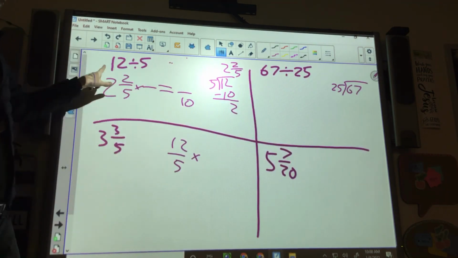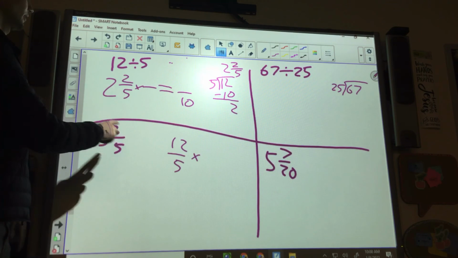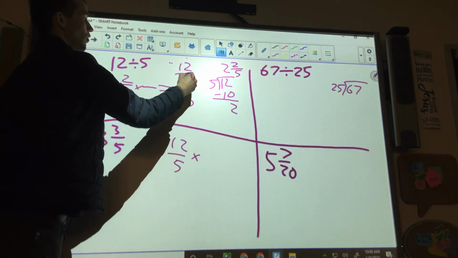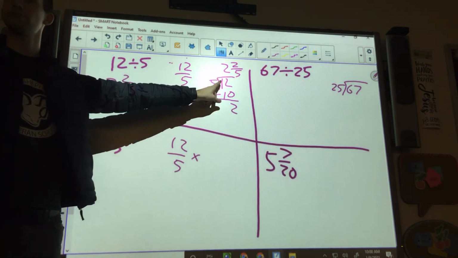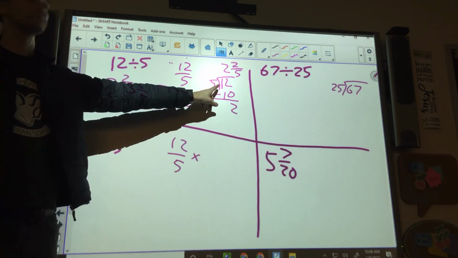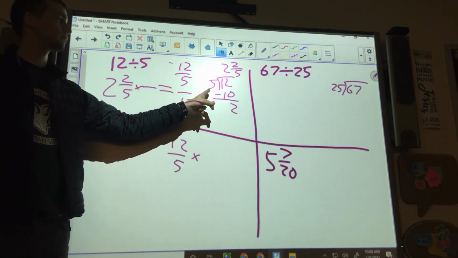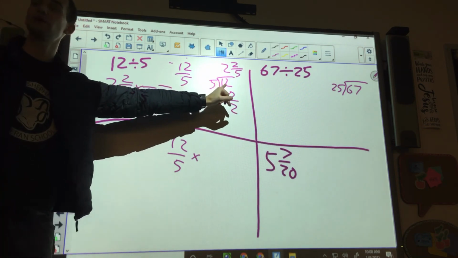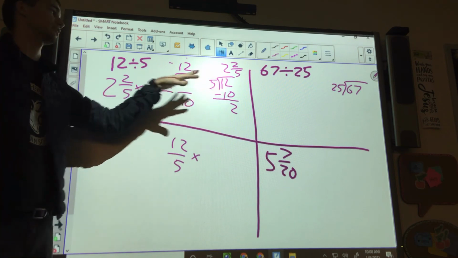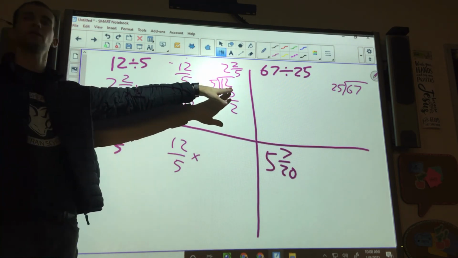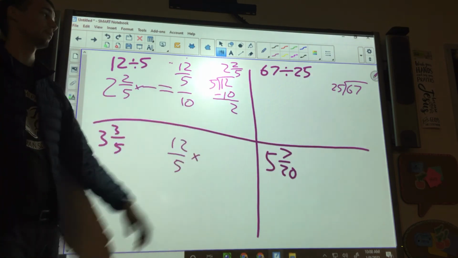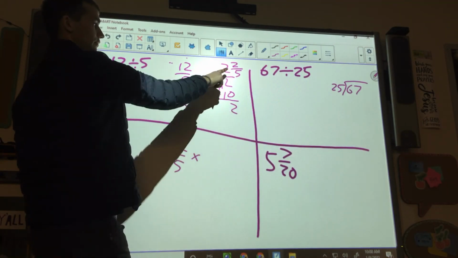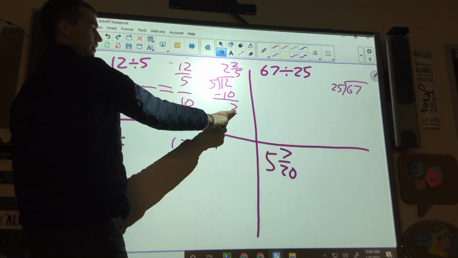So right here, 12 divided by 5, that's the same thing as 12 over 5. 12 divided by 5 goes in 2 times, 5 times 2 is 10, 12 minus 10 is 2.